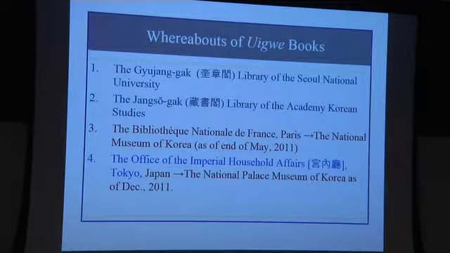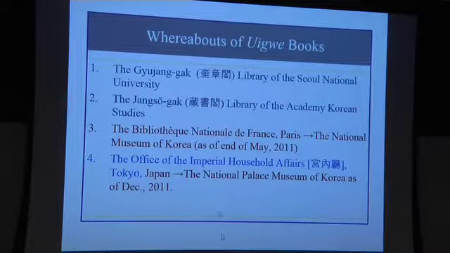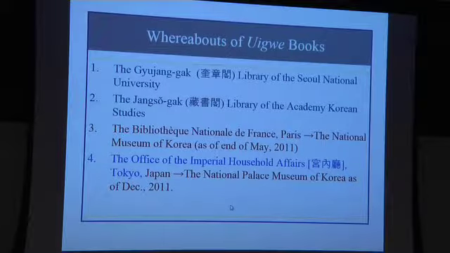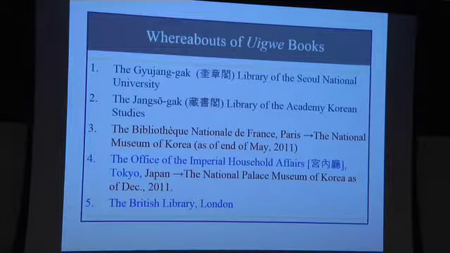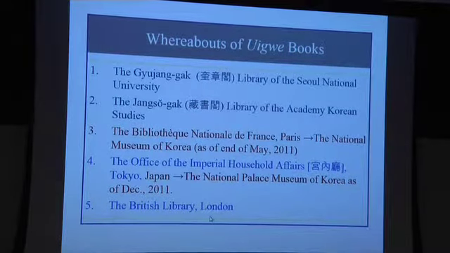Yonggi just explained the return of the royal viewing Uige from the Bibliothèque Nationale de France, which I will refer to as BNF, as of the end of May 2011, and then many more came back to Korea from the Imperial Household Agency. So we now have all existing Uige in Korea except for the one in the British Library in London.